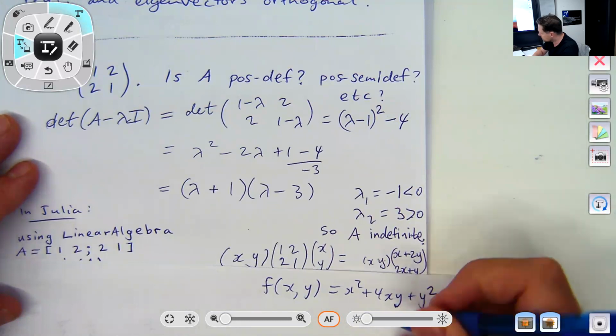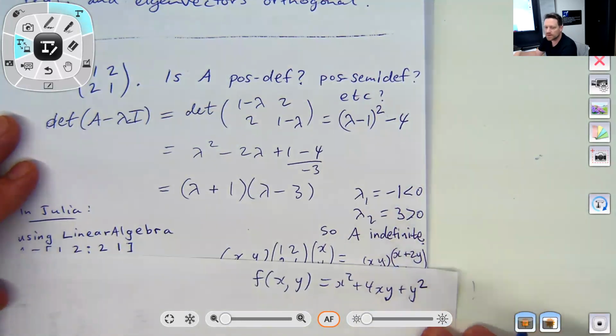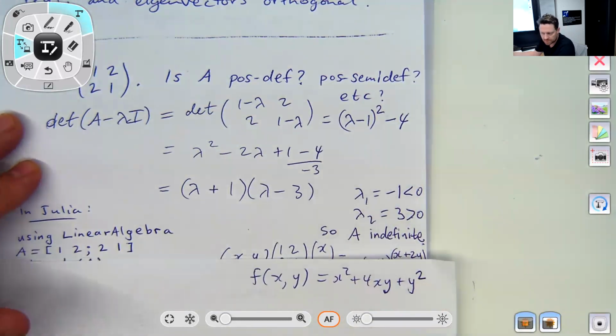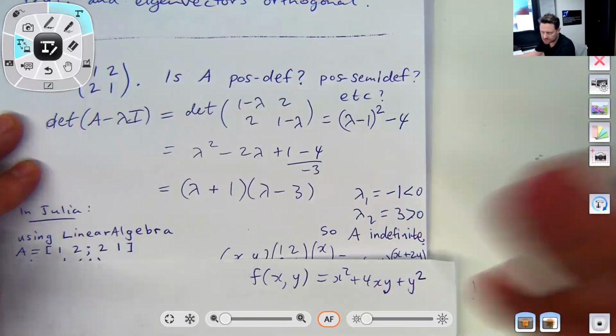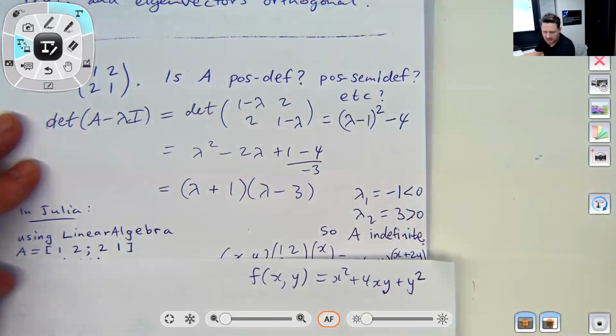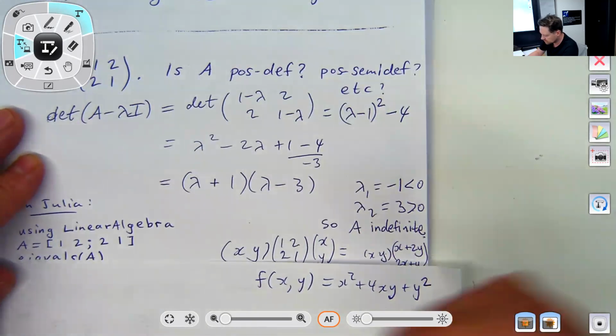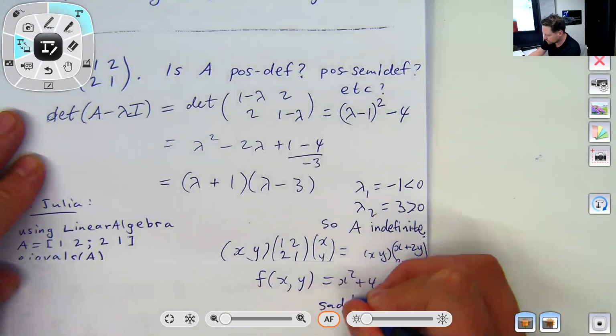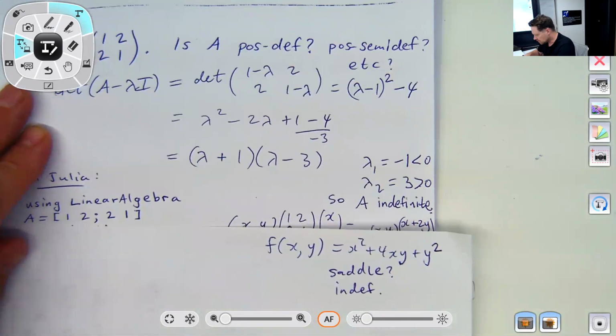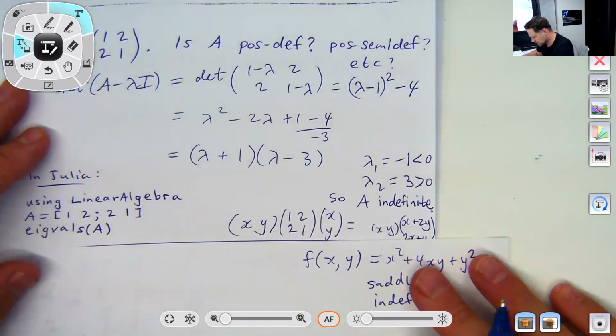And I think that when you plot this quadratic form, it should give you a saddle. So you want to check that. Maybe I've made some mistake here, but I don't think I did. It should be a saddle, which would be the indefinite case.